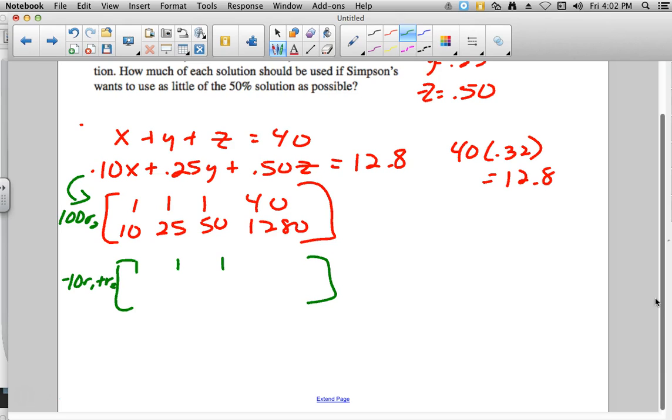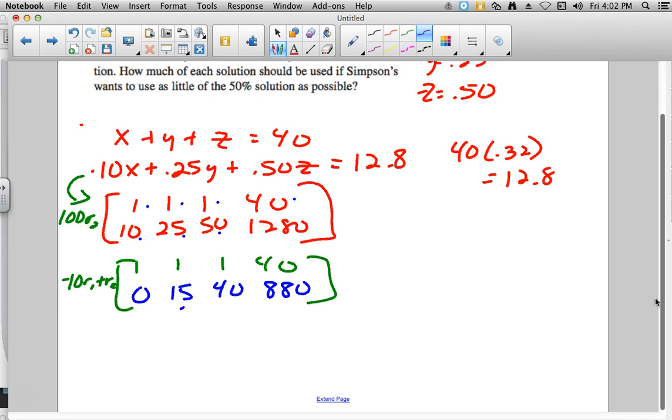So row 1 stayed exactly as it was, but row 2 becomes -10 plus 10 is 0, -10 plus 25 is 15, -10 times 1 is -10, plus 50 is 40, -10 times 40 is -400, and that would give us 880. And then I thought, okay, I still would like to at least get a 1 in this position.